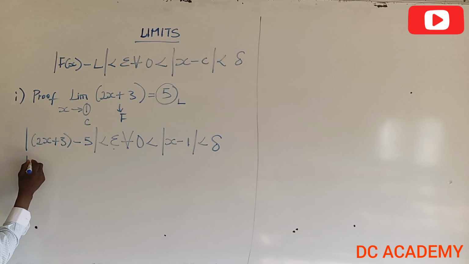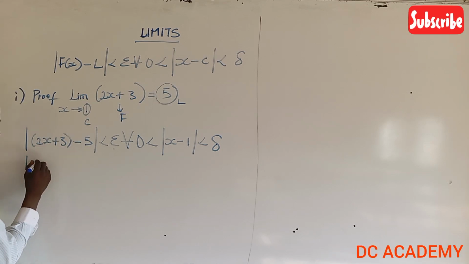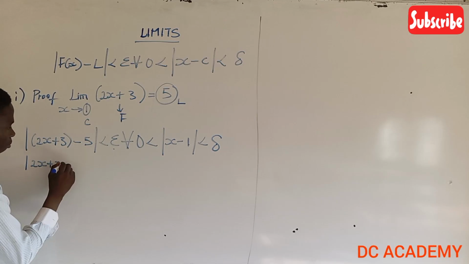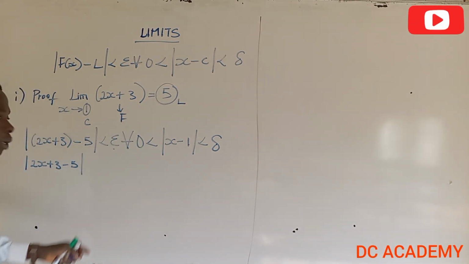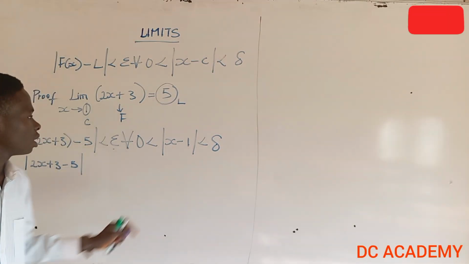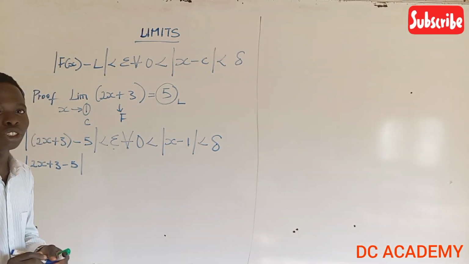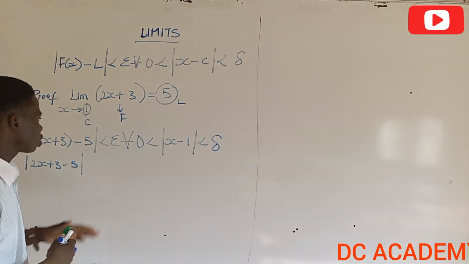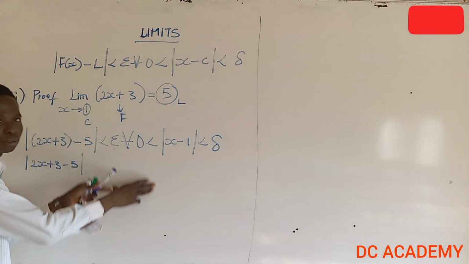We now have 2x plus 3 minus 5. Like I said earlier, we are not making use of all these you are seeing. The thing that we make use of here is this epsilon, in finding the relationship. So we don't need to write all this and bring them down here.